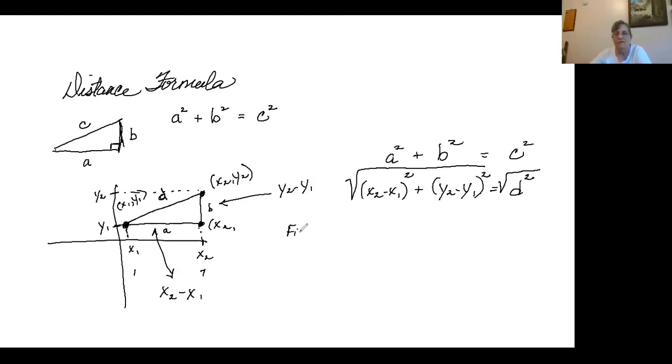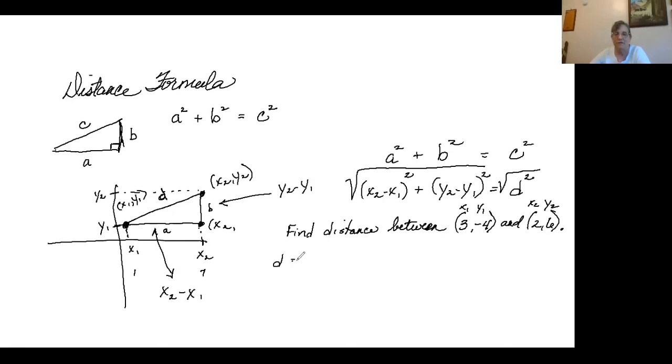So for instance, if I was asked to find the distance between 3, negative 4 and 2, 6, the distance is the same either direction. So I can call this one x1 and y1, and x2 and y2.